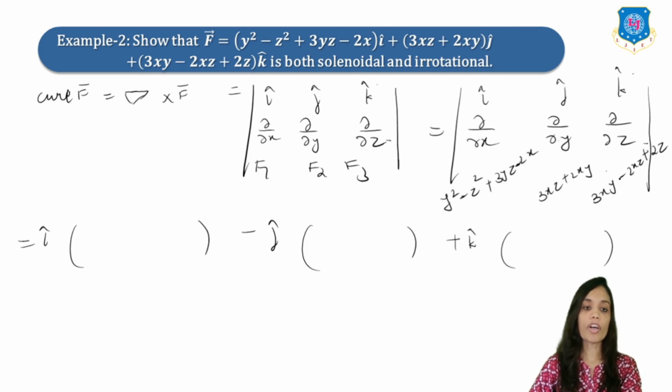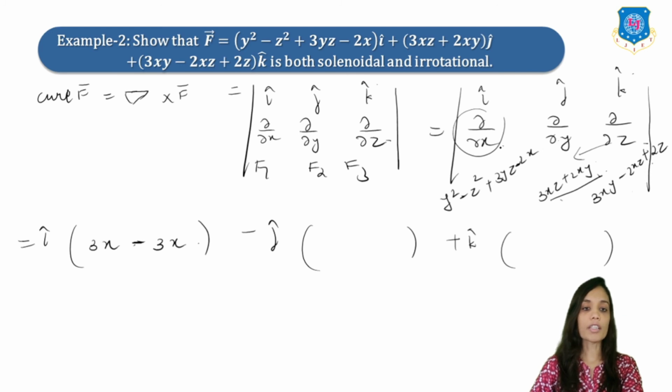So now we have to find the partial derivative of this with respect to y. So the answer will be what? 3x. Okay. Now if I solve over here, you have to write the answer of the partial derivative with respect to z. So the answer will be minus 3x. Similarly, let us solve from here. So you have to solve these two, right?